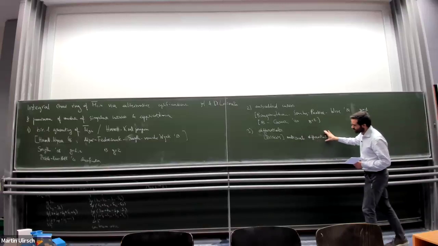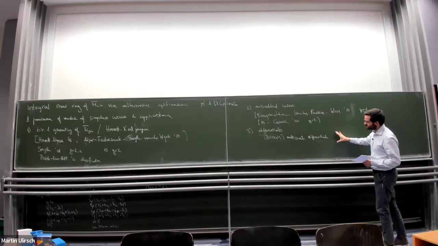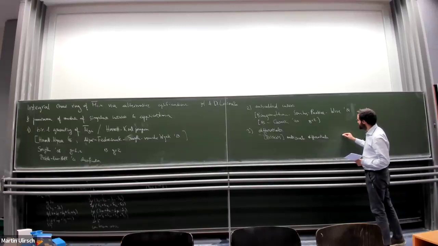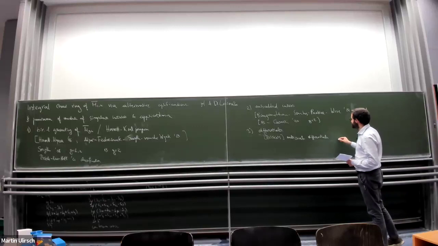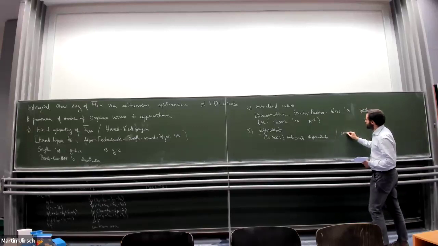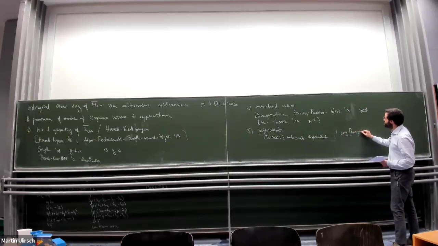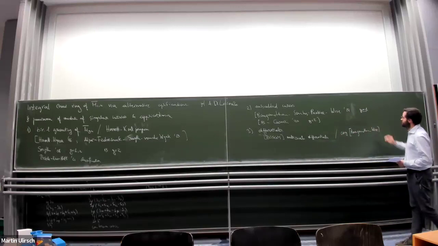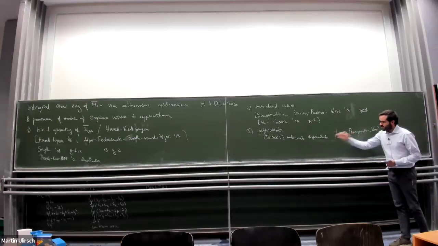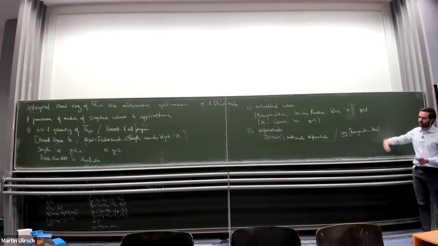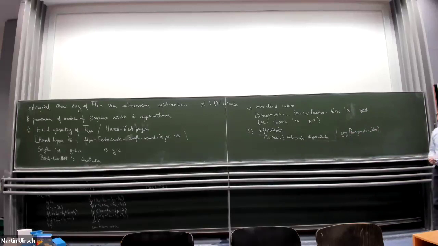So there is already a description of the main component, but there is a conjecture due again to Farkas and Pandharipande. There is a conjectural description of the main component of this moduli space, again in terms of differentials with a singularity.